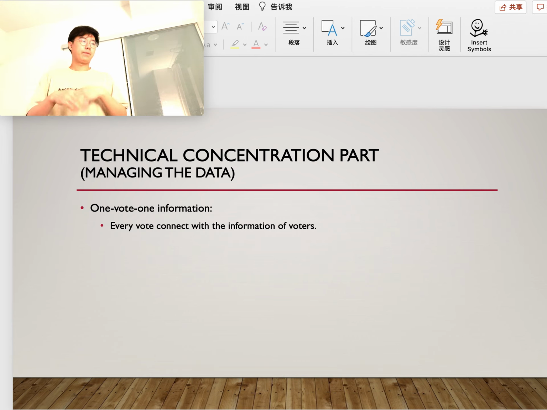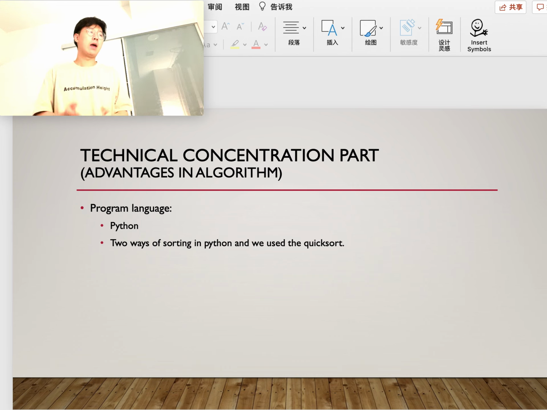Okay, let's go to the part on why many people will choose our system from the algorithm side in computer science. The programming language of our system is Python, and even if you don't know Python, I will explain the result to you. There are two main sorting methods in Python, because we need to make sure who is the candidate with the highest votes: the built-in sort and the quick sort.